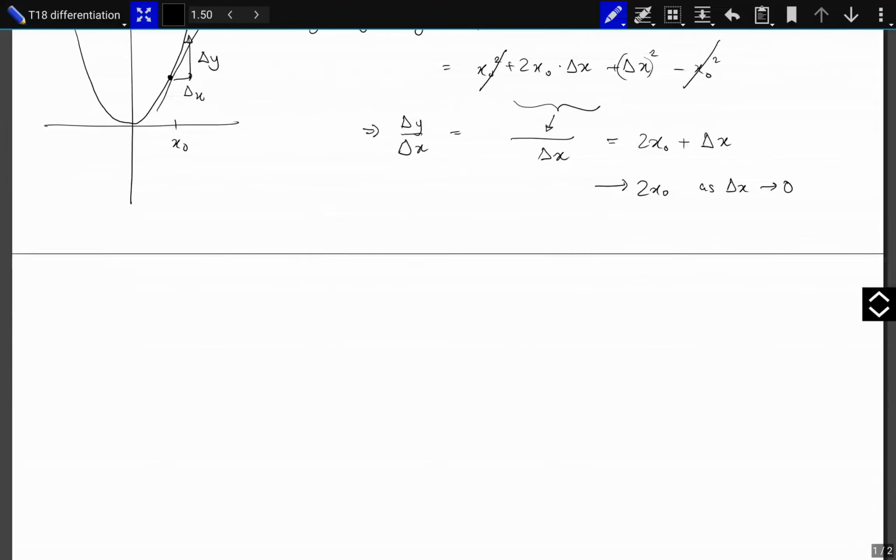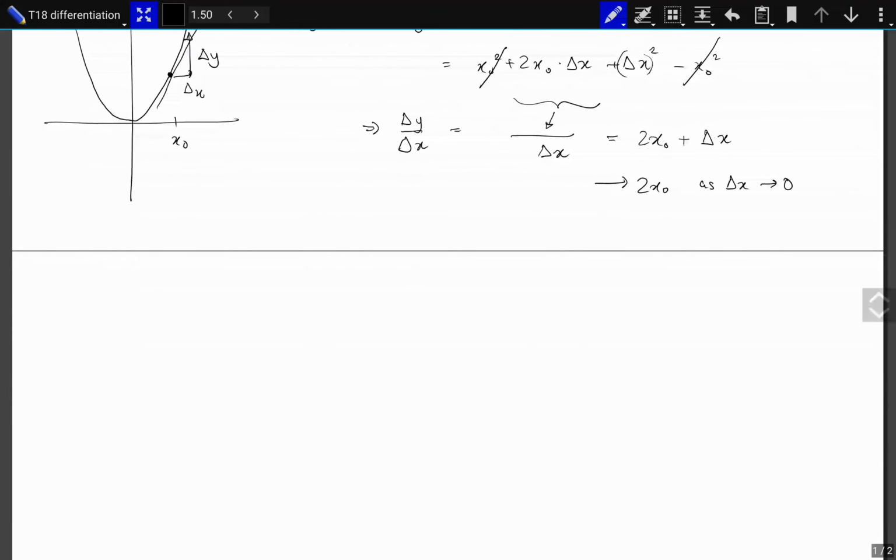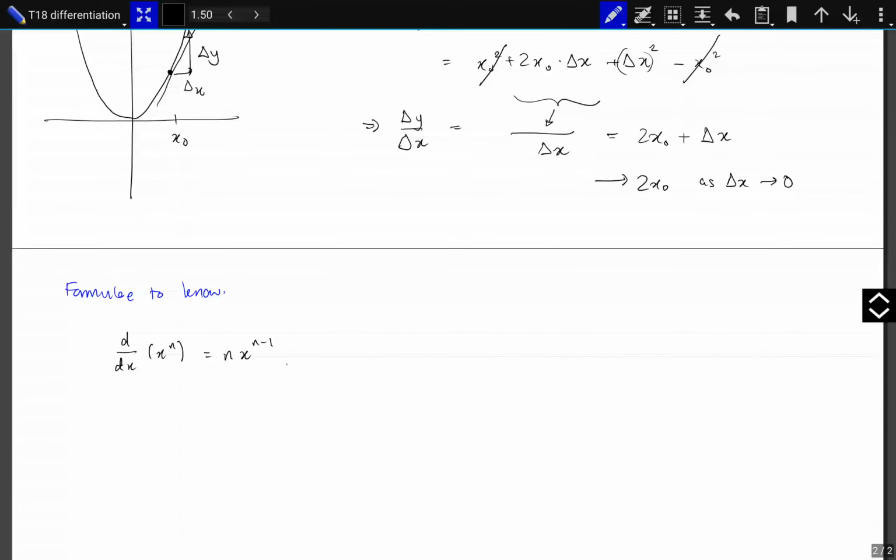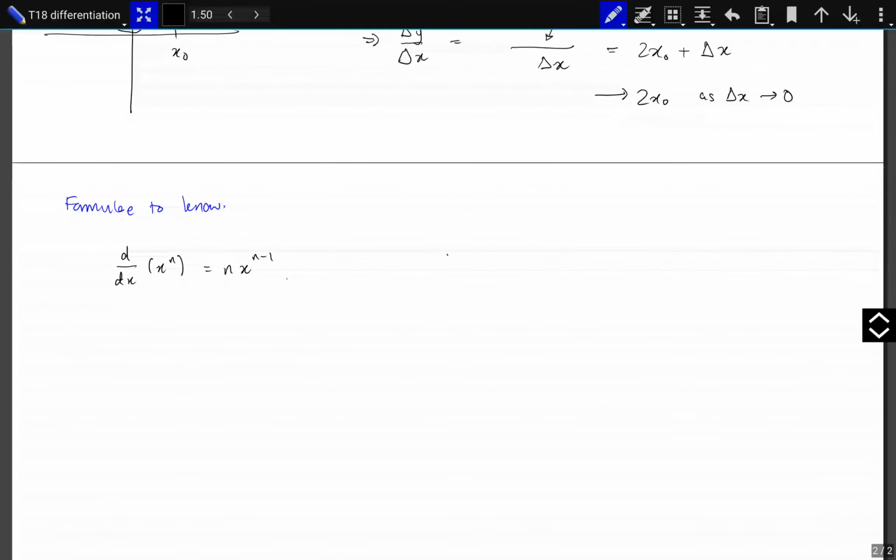So what are some formulas you might want to know? We know the power rule: d by dx of x to the n is equal to n times x to the n minus 1. We know that if you take two functions, then the derivative of the sum is the sum of the derivatives.